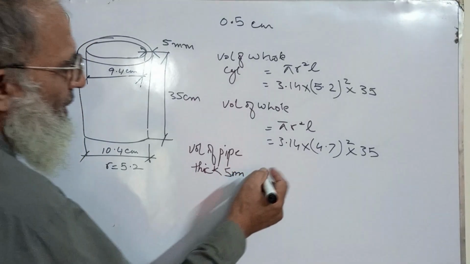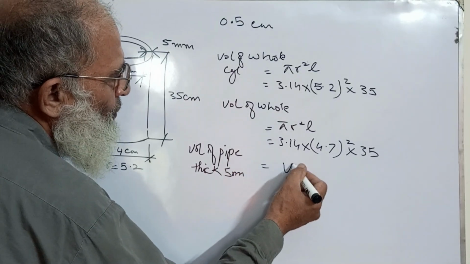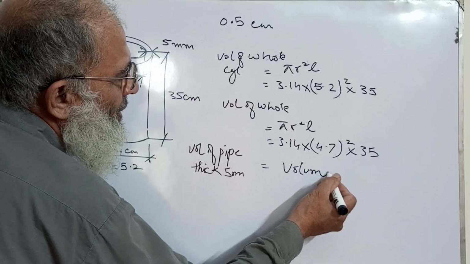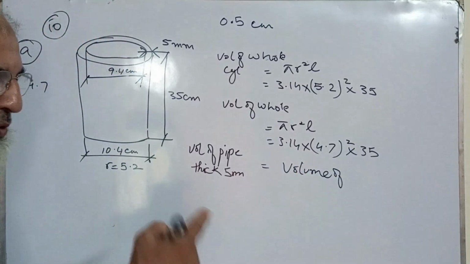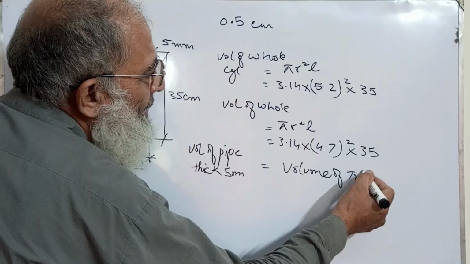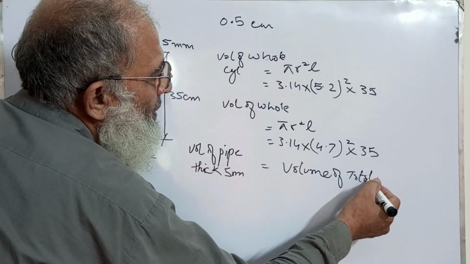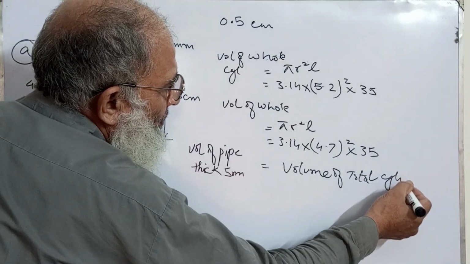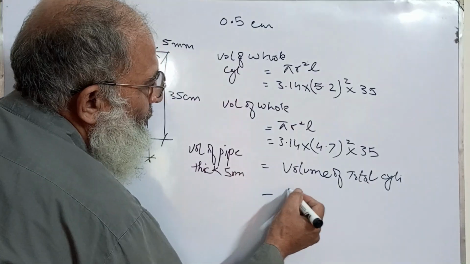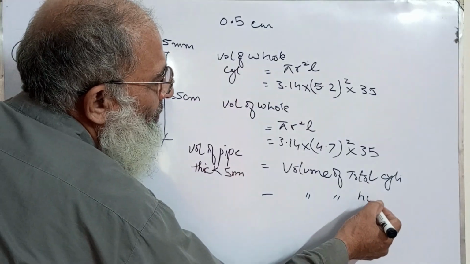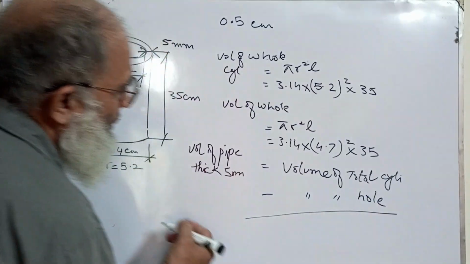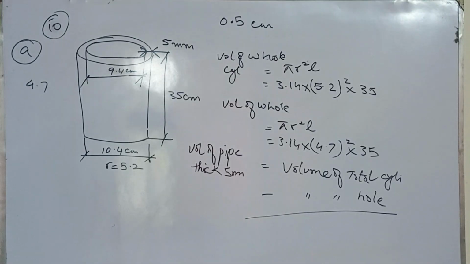So the volume of the total cylinder minus the volume of the hole is equal to the volume of the pipe. Okay, now that is equal to the volume of the pipe.